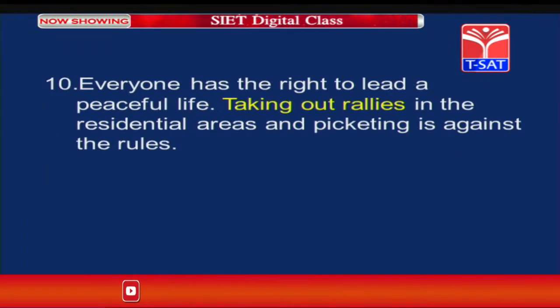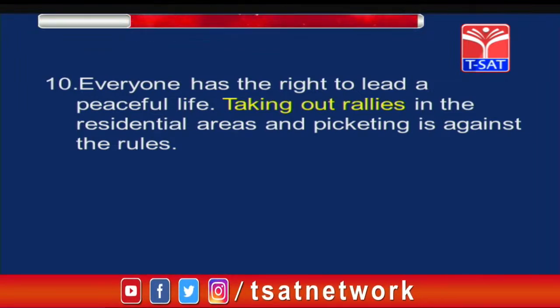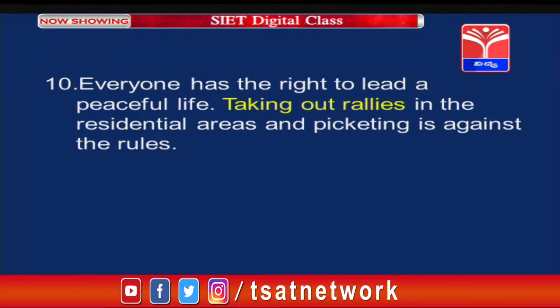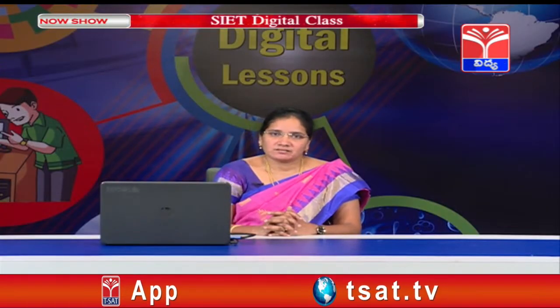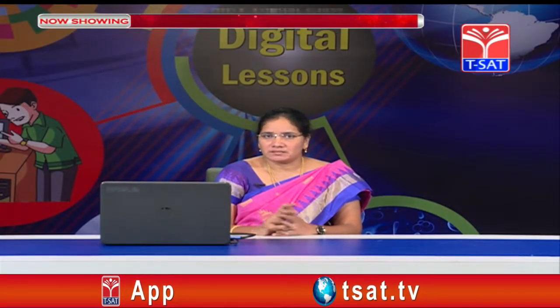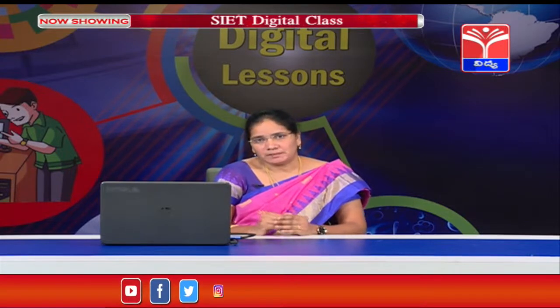And even everyone has a right to lead a peaceful life. Taking out rallies in the residential areas and picketing is against the rules. That means the campaigning should not be in the midst of the residential areas, disturbing the people.